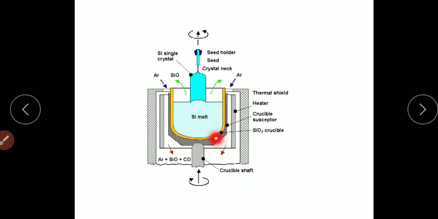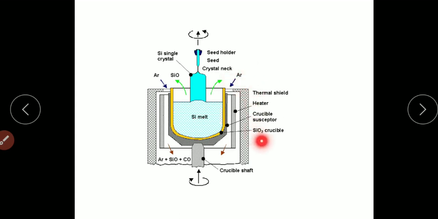In this chamber we have to melt the silicon by heating up to some thousands of degrees Celsius. The silicon is melting. After that, by using a crystal puller, you have to pull this melted silicon while rotating it. Then you can get pure silicon in the form of a rod.